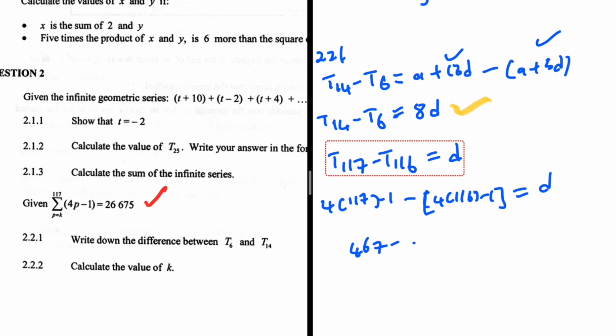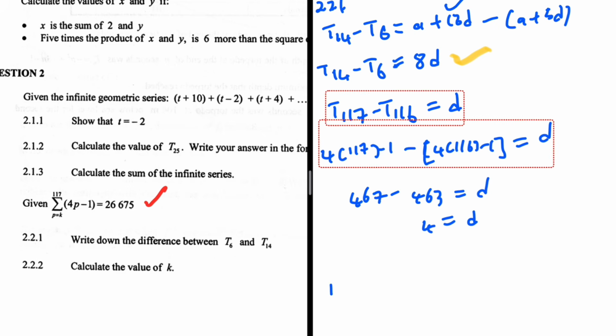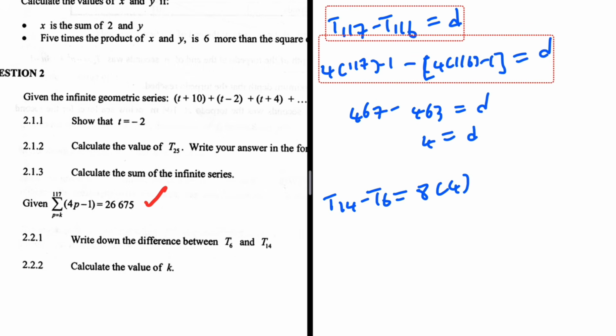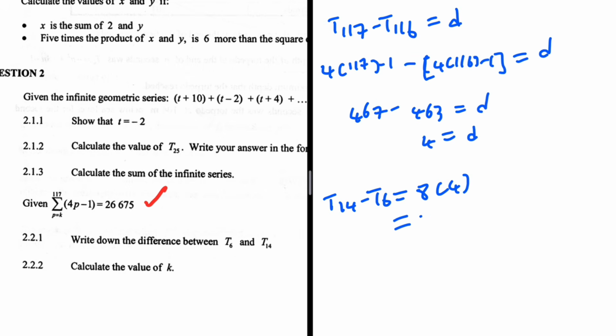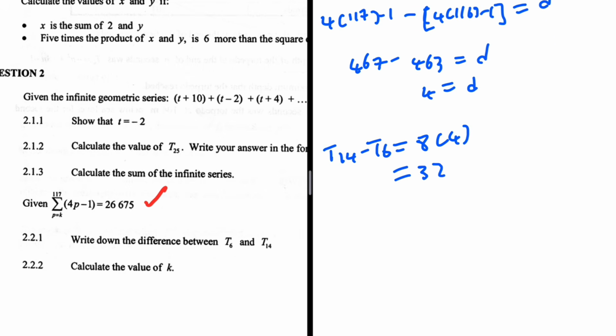That is 463, and that is equal to D. So what's the difference there? The difference is 4. So D is equal to 4. So now T14 minus T6 will be equal to 8 multiplied by 4. 8, 16, 32. There we go.